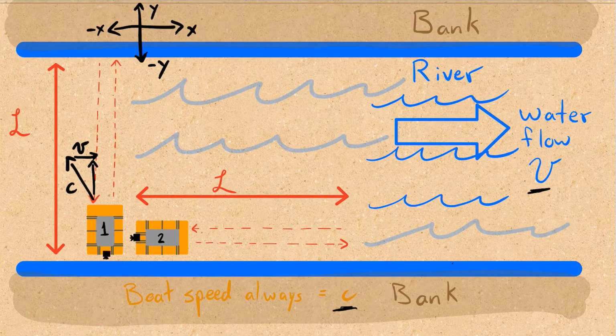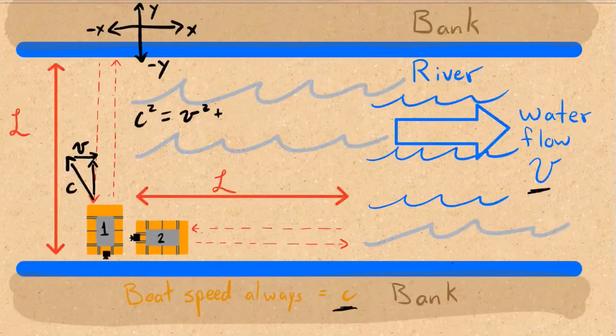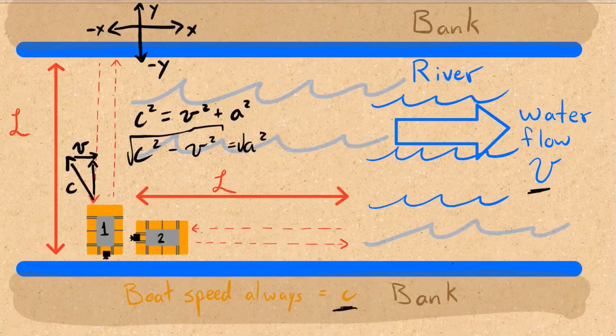We know the Pythagorean theorem is c squared equals v squared plus a squared. So all we have to do is just move v squared over, so we know that c squared minus v squared equals a squared. Then we just take the square root of both sides, and that's how fast a is. So that's how fast the boat is moving in the positive y direction.